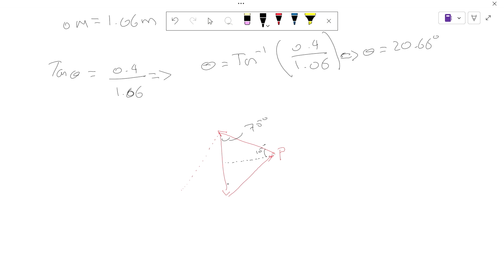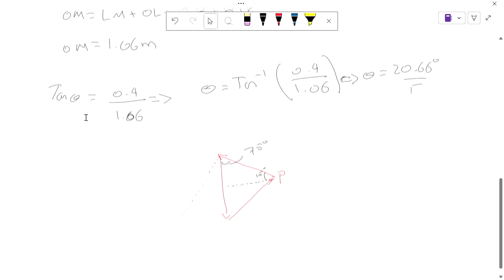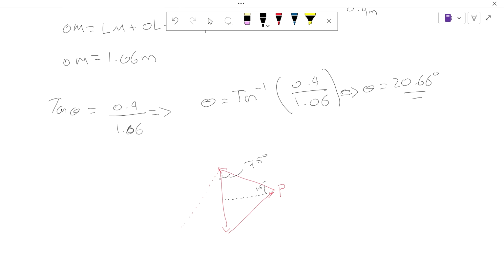And we can find anything else, because if this one is what we just found, which is 20.66, we found this one, therefore we know this one, 20.66.